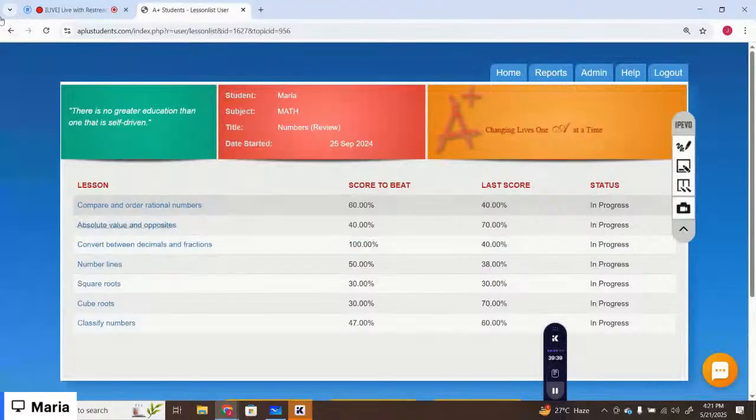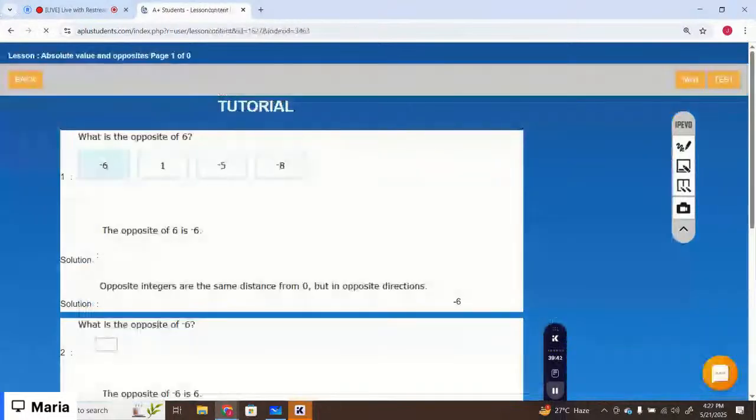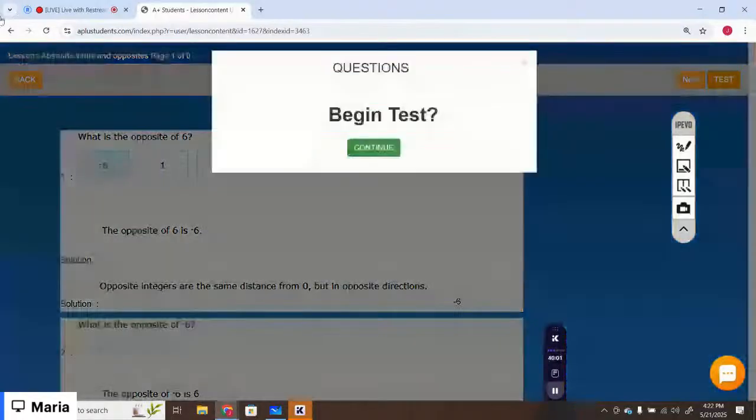Absolute value and opposites. What is the opposite of 6? The opposite of 6 is negative 6. Opposite integers are the same distance from 0 but in the opposite direction. Let's start with the test questions.